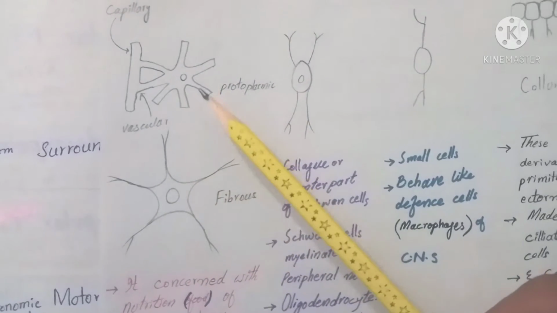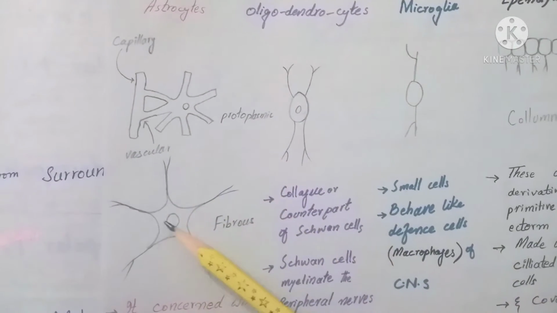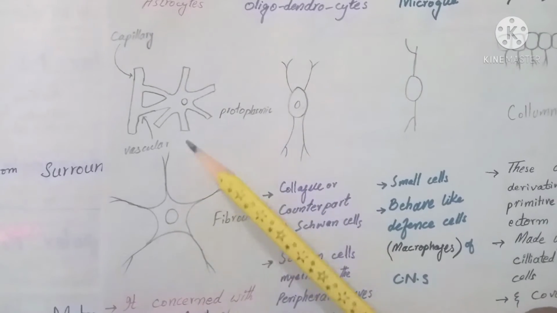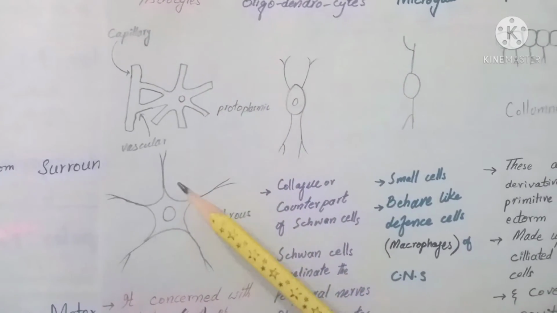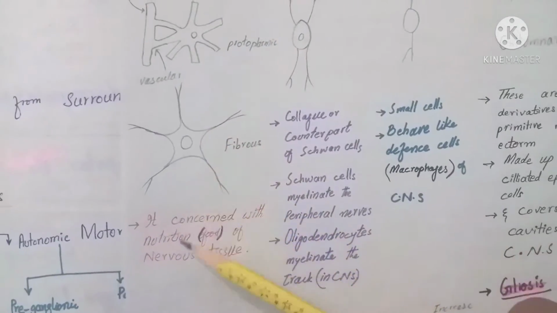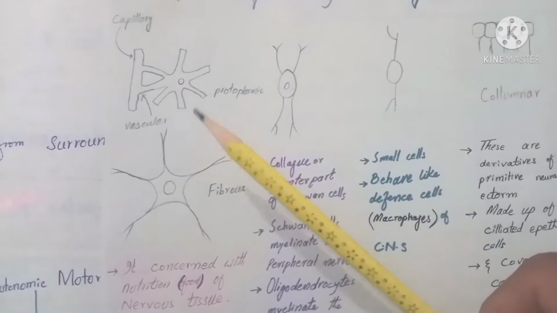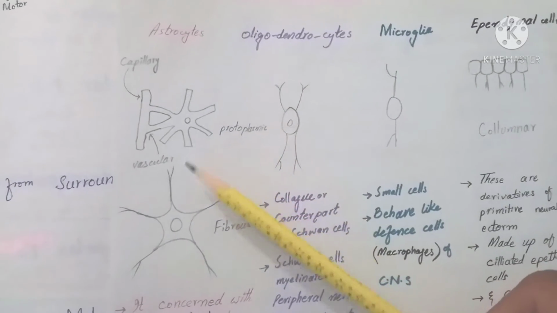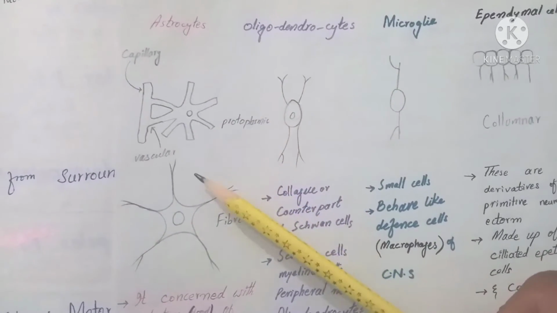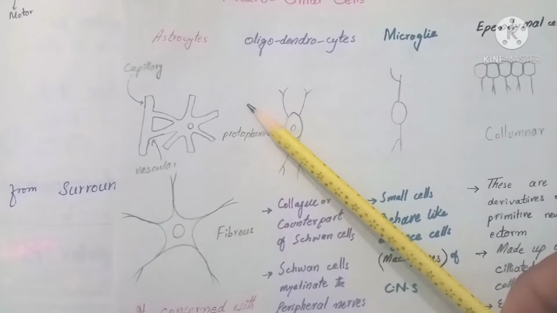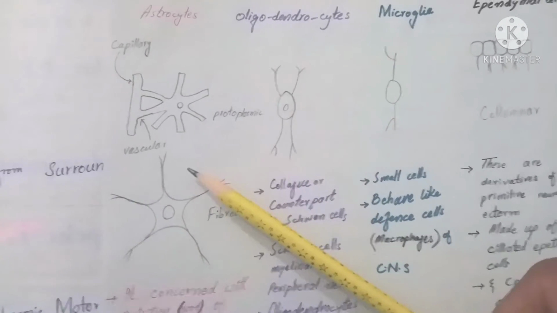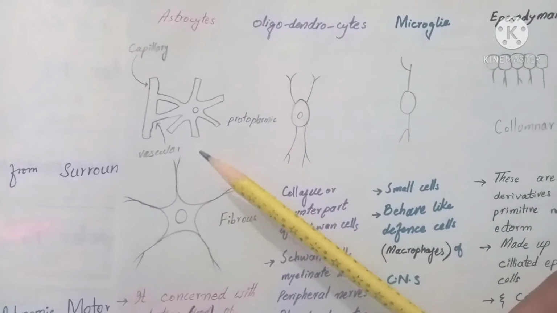This is also an astrocyte, and this is also an astrocyte. Both of these are astrocytes, and they are concerned with the nutrition or food of the nervous system, meaning the nervous tissue. These astrocytes, neuroglial cells, provide food for the tissues of the nerves.